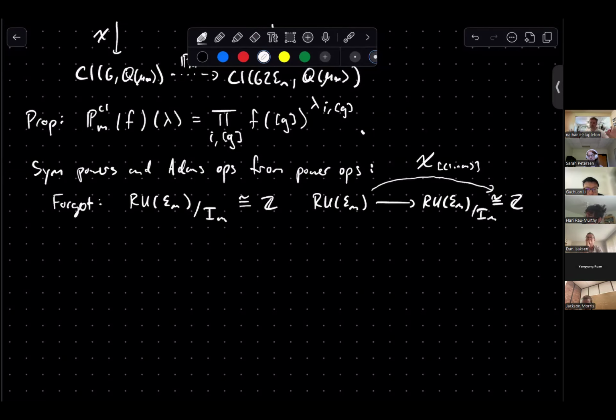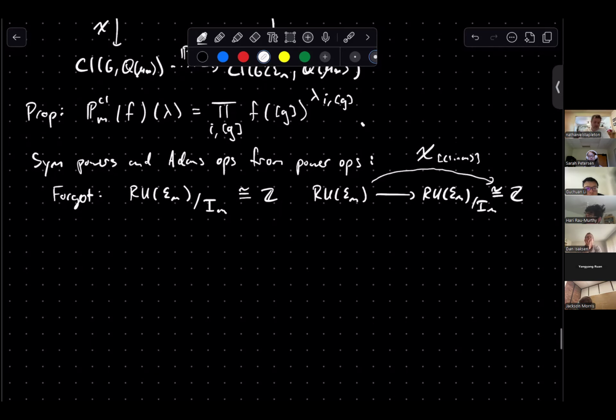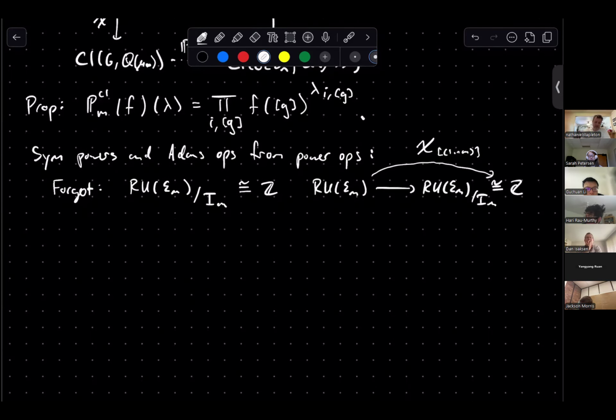So I'll use a subscript for that: chi sub the conjugacy class of the long cycle. That map from RU of sigma m to Z is the character evaluated at the conjugacy class of the long cycle. Okay. Hopefully that makes sense. Here's the big diagram.